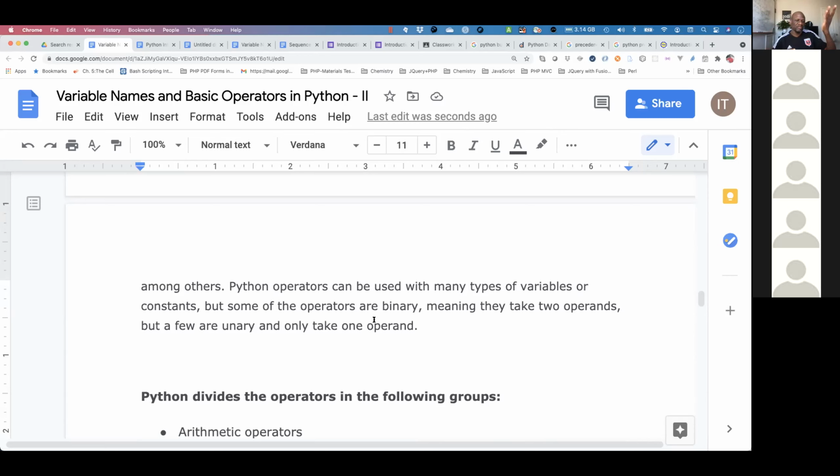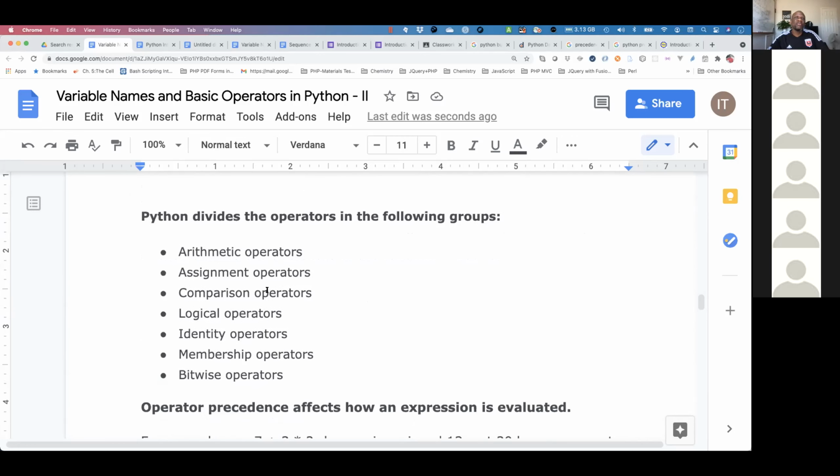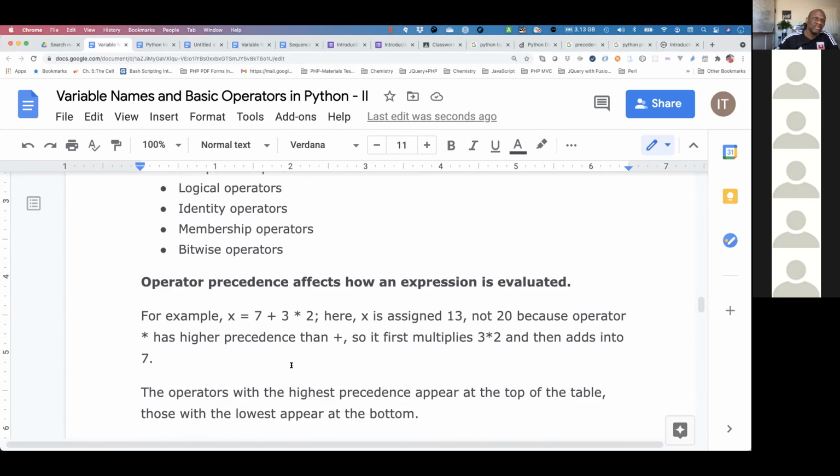If it's a not, it's either switched on or switched off. It's either 1 or a 0. Okay, it's either true or false. So Python divides the operators into the following groups. We have the arithmetic, the assignment, the comparison, the logical, the identity, the membership, and the bitwise operators.